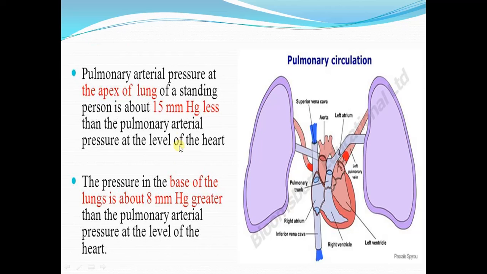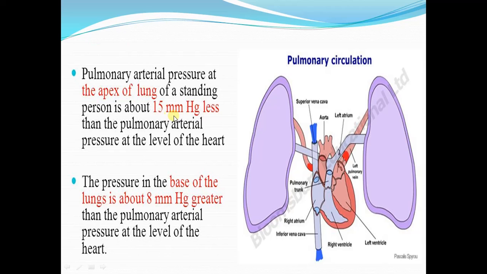It means that pressure in the apex of the lungs is 15 mm of mercury less than the pressure at the level of the heart, and pressure at the base of the lungs is about 8 mm of mercury greater than the pressure at the level of the heart. So in the apical regions of the lungs, the pressure is less than the pressure at the level of the heart. How much less?